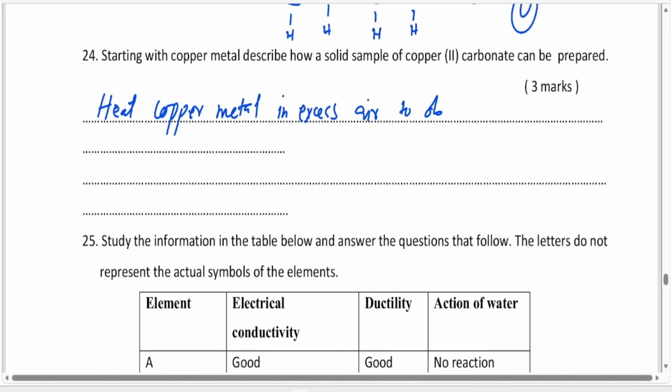to obtain copper(II) oxide. Then add excess copper(II) oxide to dilute sulfuric(VI) acid.